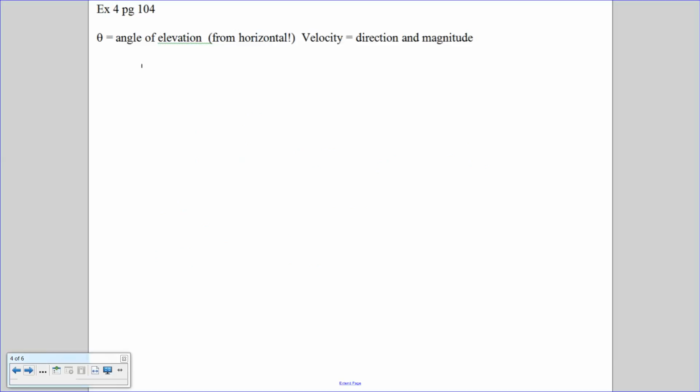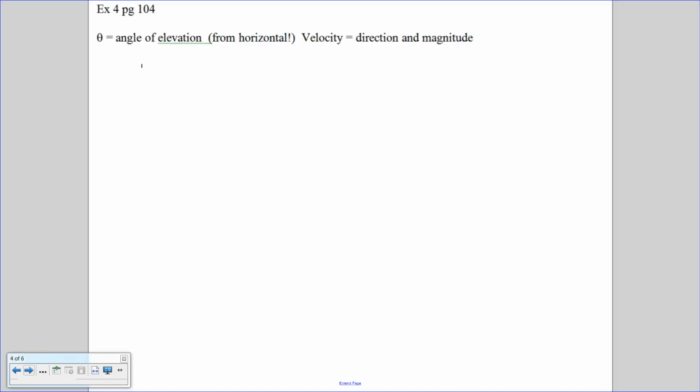And on this example, it talks about an arrow. It's the same type of problem. It says an arrow is shot into the air, so the horizontal velocity is this and the vertical velocity is this. Find the velocity of the arrow. Given horizontal and vertical, find the true velocity of the arrow.